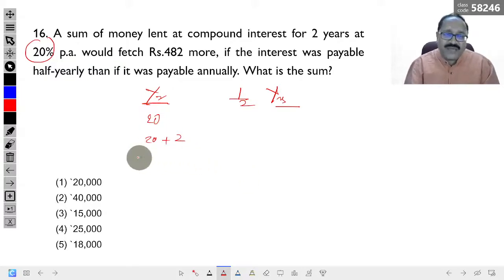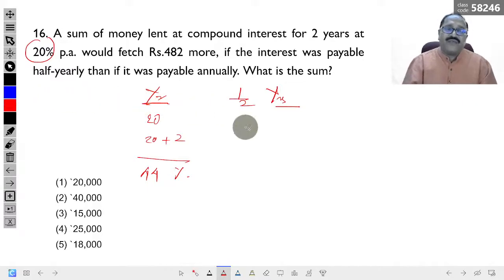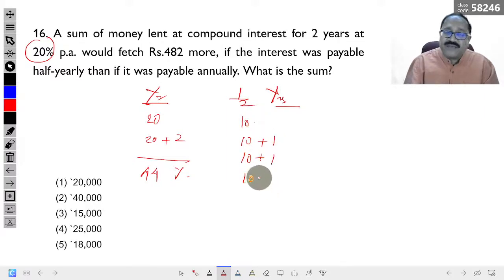सो हमें मालूम है यहाँ पे इसे 44% आ रहा है यहाँ पे, बट इसी को हाफ ईयरली कर दिया जाए, then what will happen? So first year 10%, second year 10%, third half year 10%, and fourth half year 10%, and you will be getting the 10% of 10%, that is 1% every year.